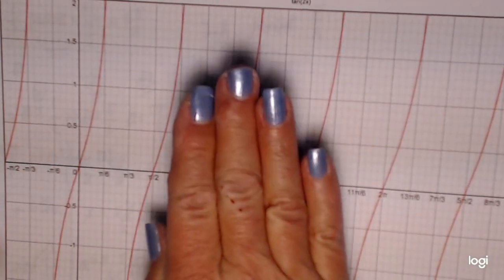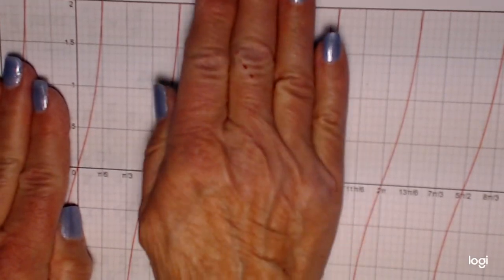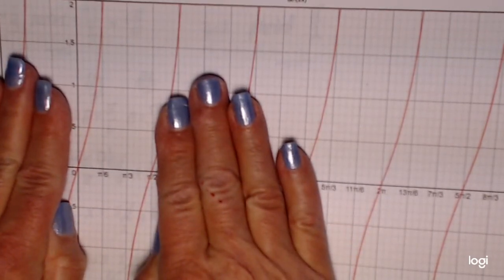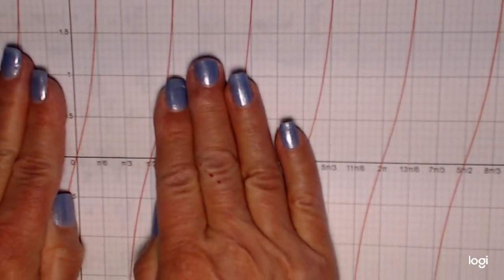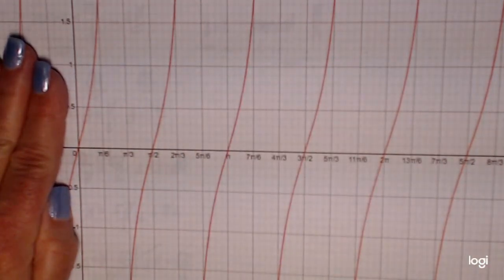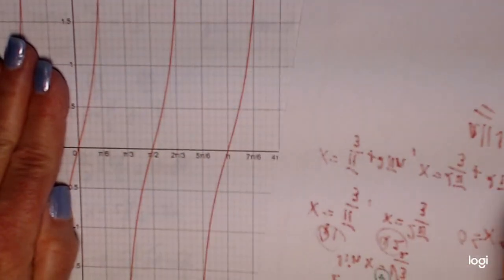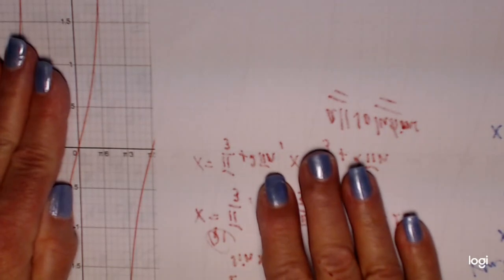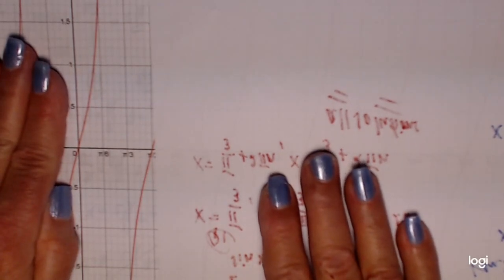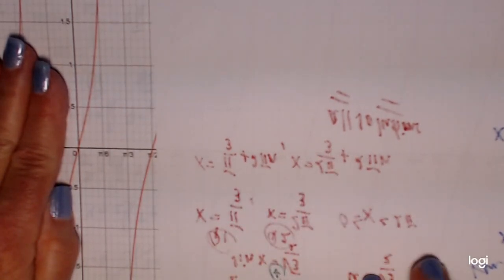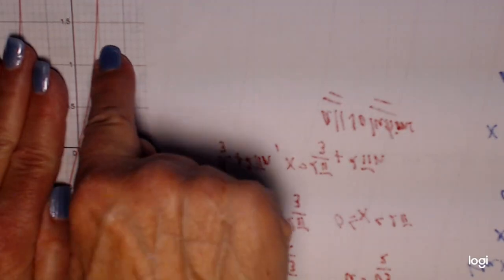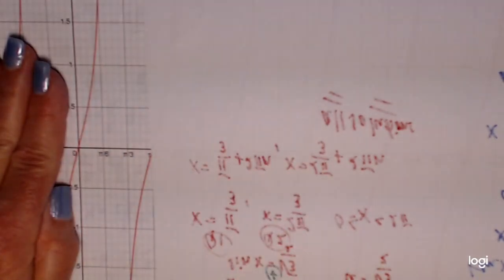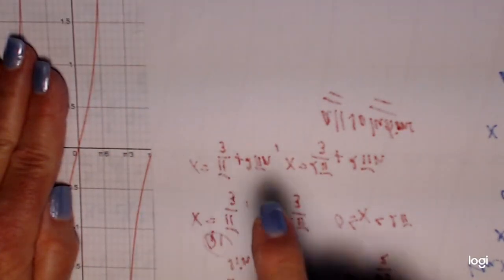So you can see here, let me cover it up. Here's between 0 and pi over 2. Let me cover this up here so we can see it better. So here's between 0 and pi over 2, 0 and 90 degrees, and you can see we have a complete cycle. Here's all our positive values, and here's our negative values.